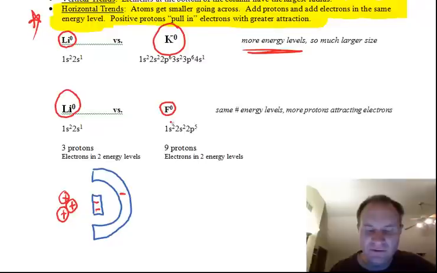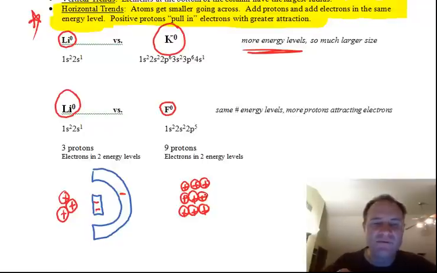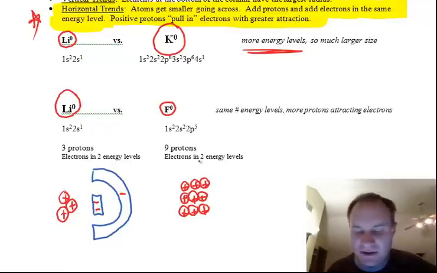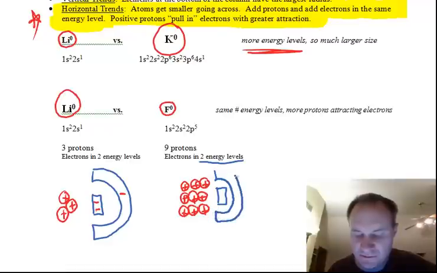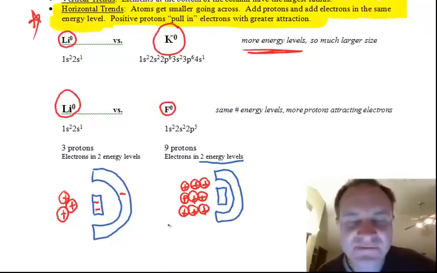And then if we look at fluorine over here with 9 protons, I will take a moment to draw all 9 protons, and I would suggest you do the same. I think it's kind of fun. Well, it's also pulling on 2 energy levels, and the 2 energy levels are going to be closer to the 9 positive protons.